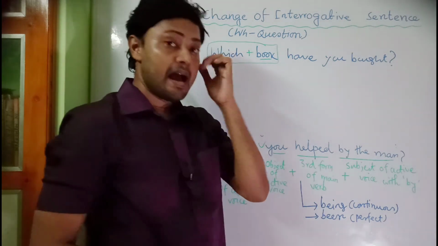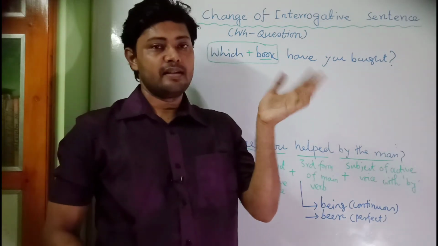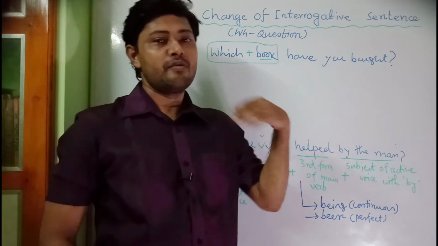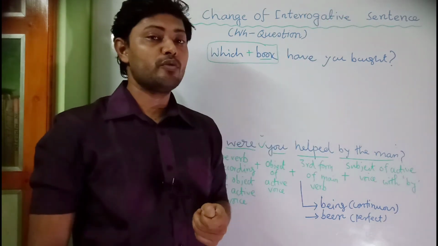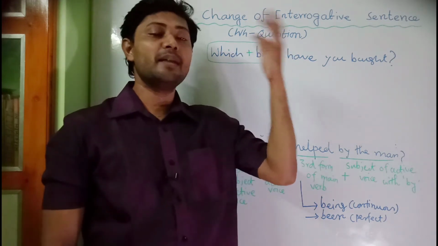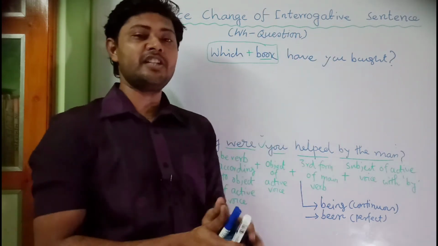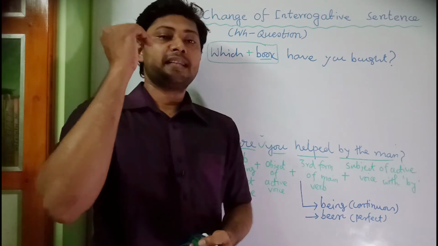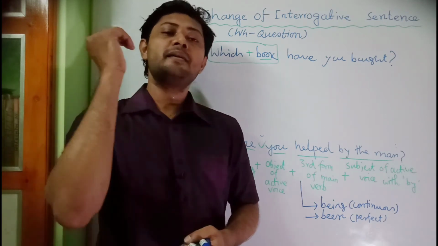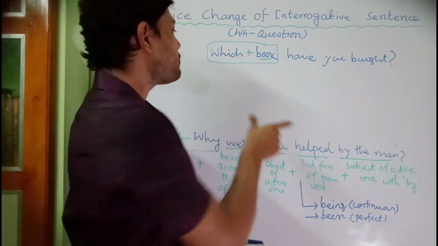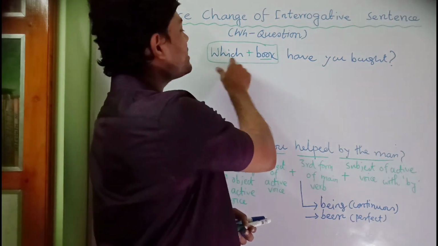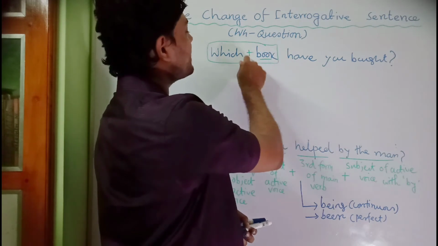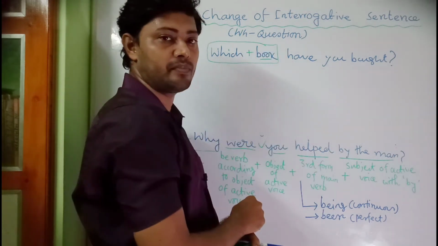Remember other WH questions that I have used here. For example, why do the old man help you? Why was the man helping you? In every case you will find that the WH word is followed by a be verb. But whenever we find a question with which, you will find that the which is not followed by a be verb, but rather there is another word.